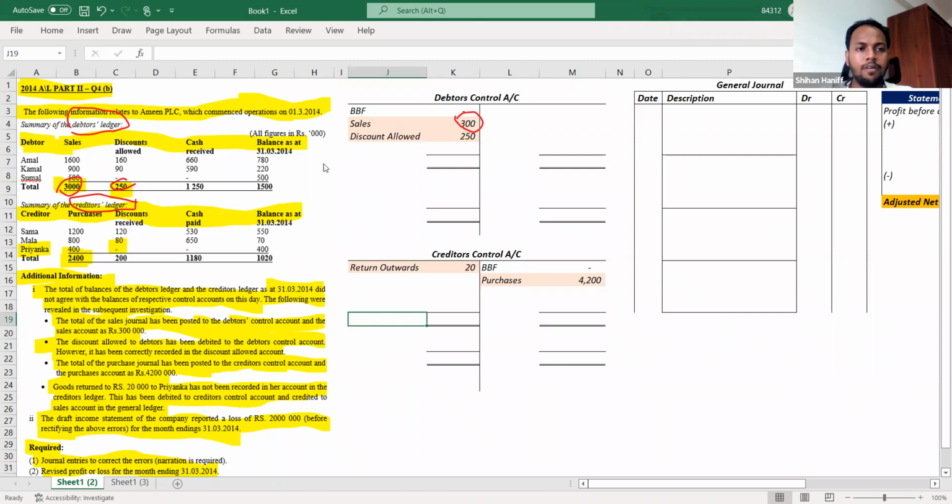Discount allowed, we have taken on the debit side. That is also given as an error. Cash received, no difference. So we can take whatever is in the debtors ledger, 1,250. Then take the balance.